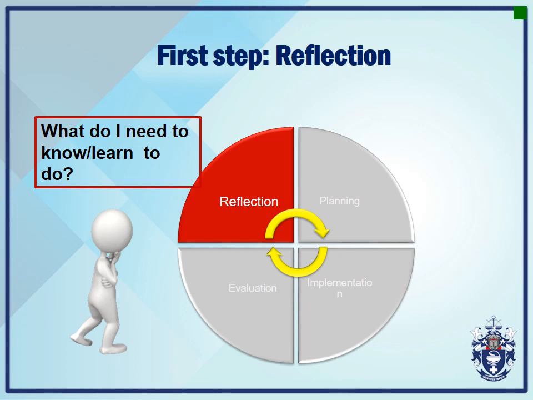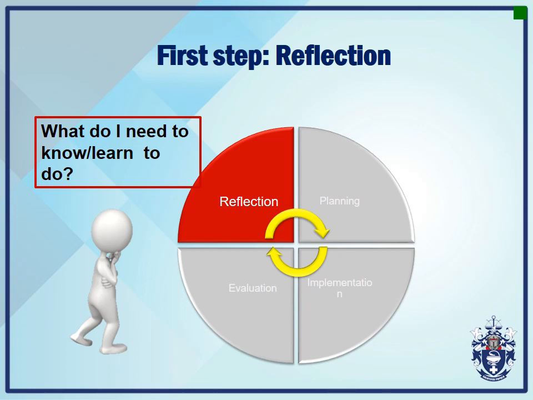Now, the questions you need to ask here are, what do I need to know in terms of my practice? What do I need to be able to do in terms of my reflection? Furthermore, if you look at your assessment criteria, which is on page 29, it gives you a clear guide as to what assessors and moderators are looking for in order to deem you as competent in each of the processes of the CPD cycle.